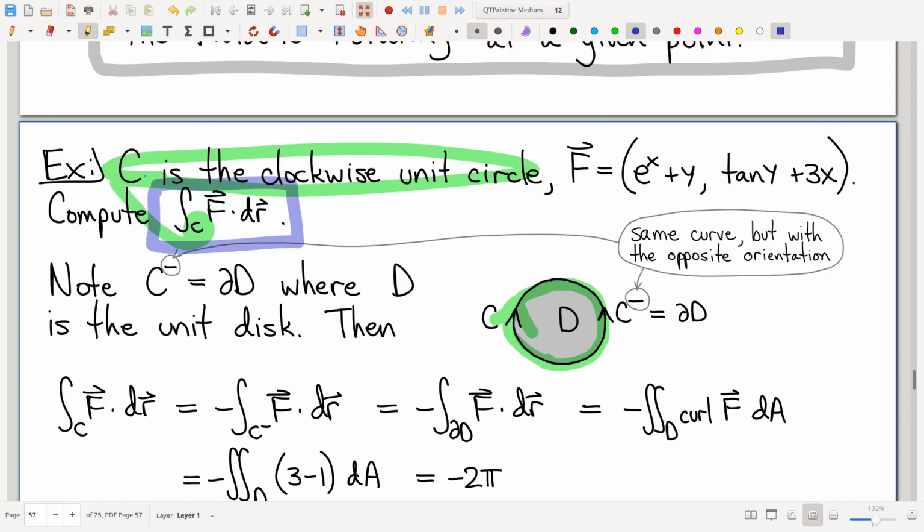Feel free to ask a question if you have one. Okay, here's the good news. That curve and this curve are the same underlying curve, just oriented in opposite directions.